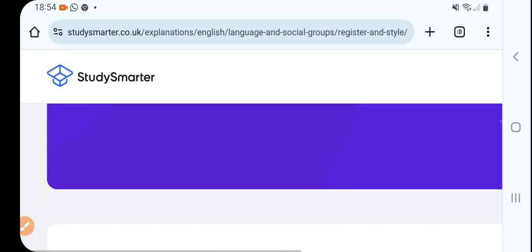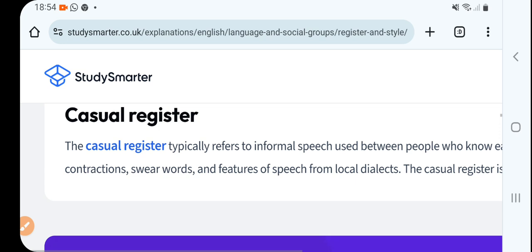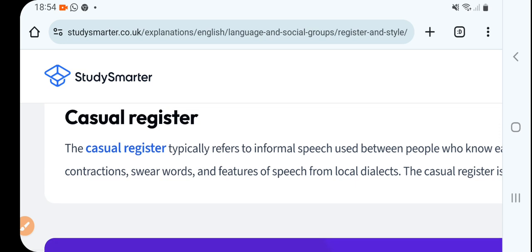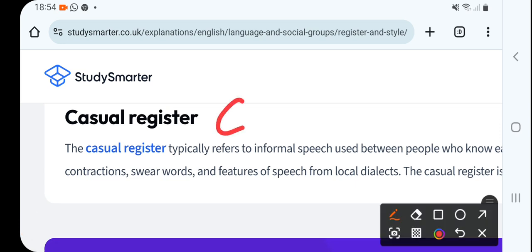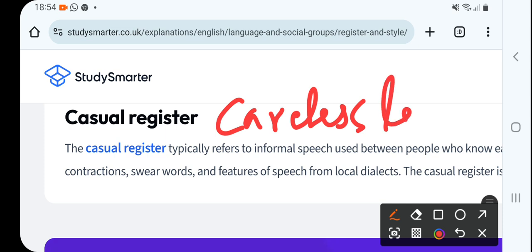That is different, don't get confused, because here casual means careless. Casual is actually careless language, where you don't take much care.